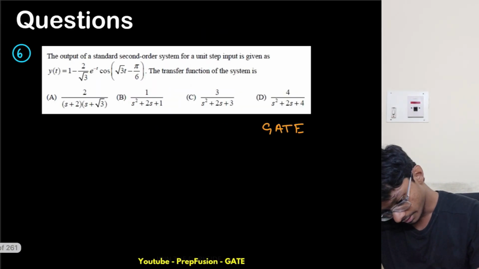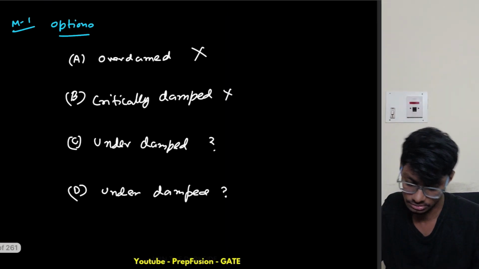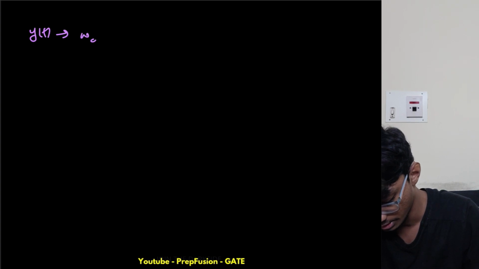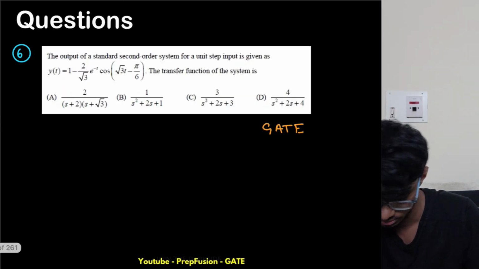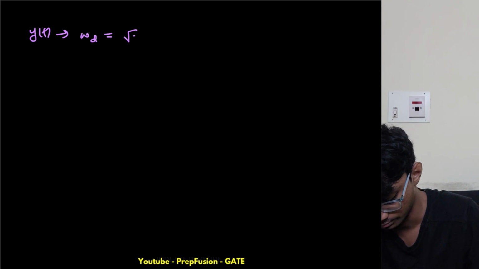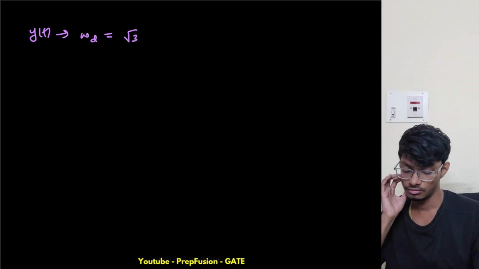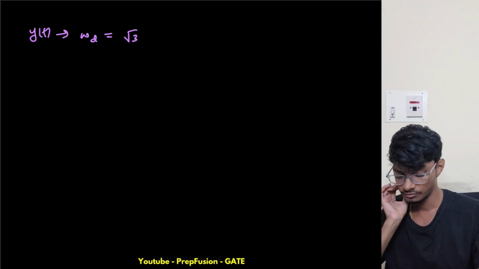So now what I will do is basically find the damping frequency of C. So normally my y of t has omega d equals under root 3. And right now, what is my omega d for option C?